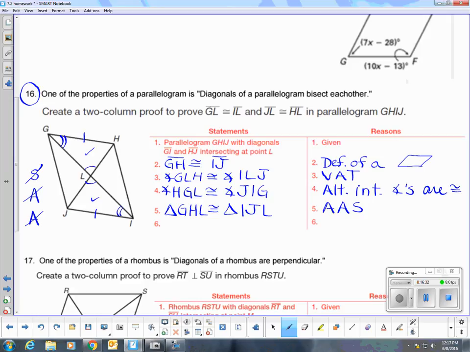So because those two triangles are congruent, we can now say that GL is congruent to IL and JL is congruent to HL. Those are corresponding parts that belong to congruent triangles, therefore they are also congruent.